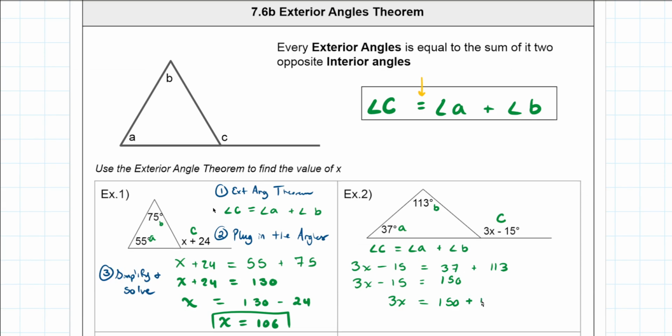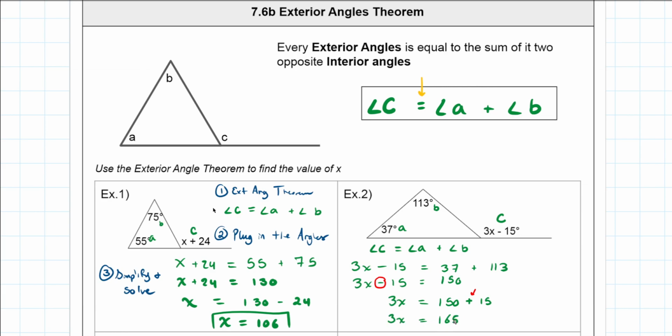Now, if you put minus 15 or thought minus 15, let's remember: opposite sign when it moves to the opposite side. Right? It was minus 15. When I moved it over, now it's a plus 15. So be careful, because that'll trip you up if you're not careful. Now 3x equals 165.